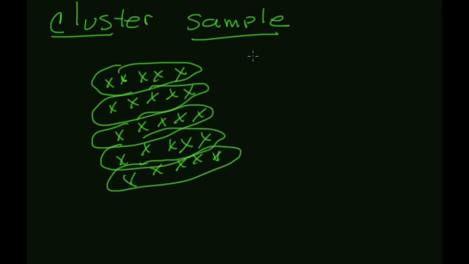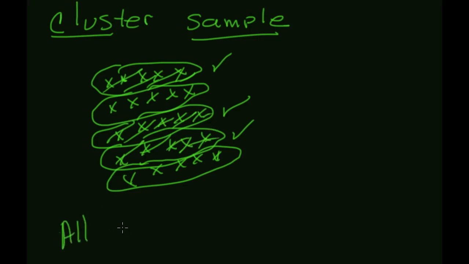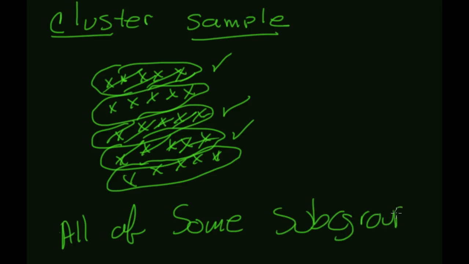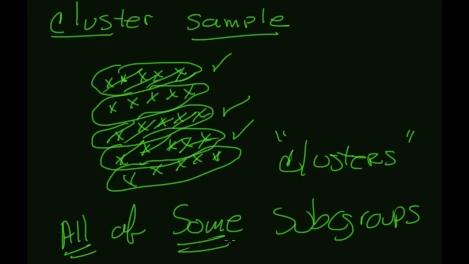And then we're going to randomly select subgroups. So we might take this one, and this one, and we're going to sample everyone that are in that subgroup. So here you are taking all of some subgroups. We call those subgroups clusters.